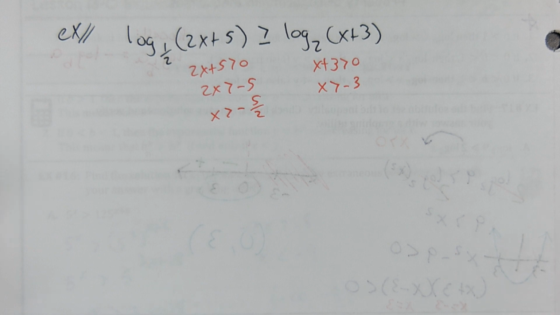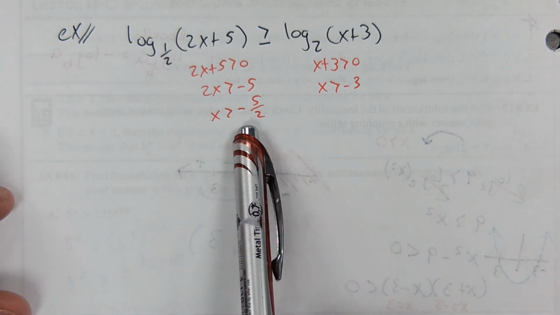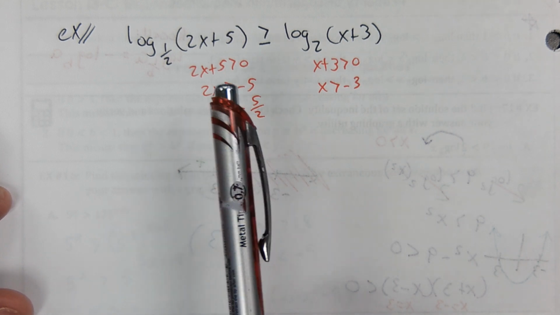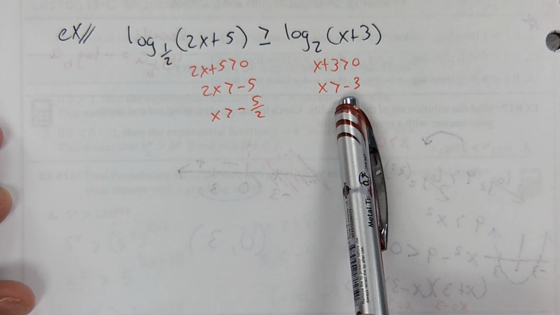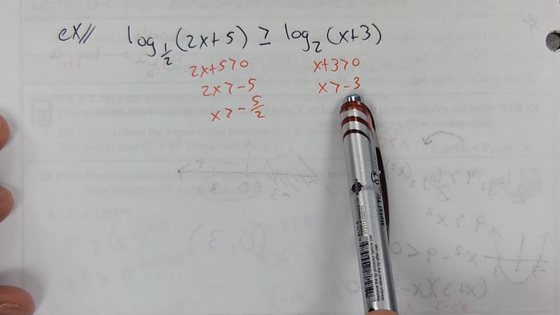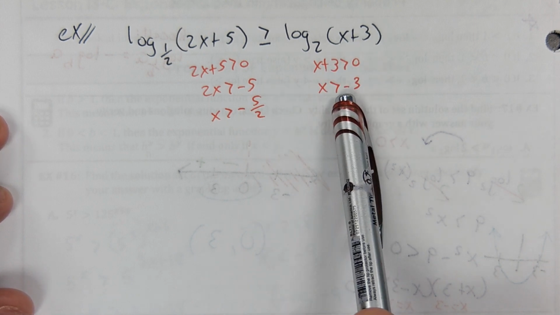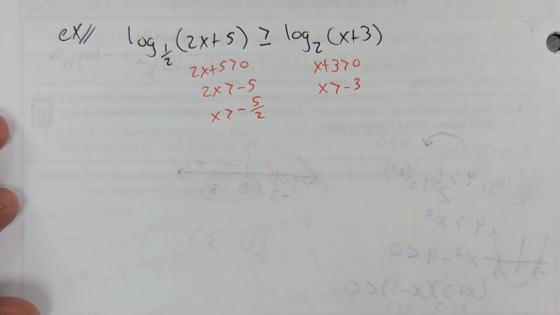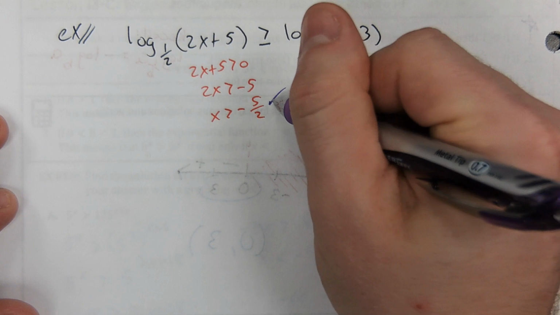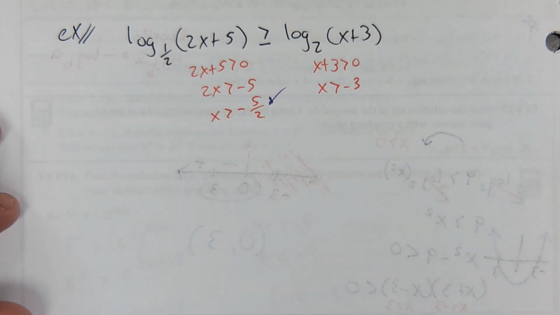Which one allows fewer values? This one allows fewer values. This is negative 2.5 and everything to the right of negative 2.5. This is everything to the right of negative 3. That means you're allowed to use negative 2.9 here, but you're not allowed to use negative 2.9 for this one. So this is our more restrictive domain. Whatever our answer set is has to be greater than negative 5 over 2.